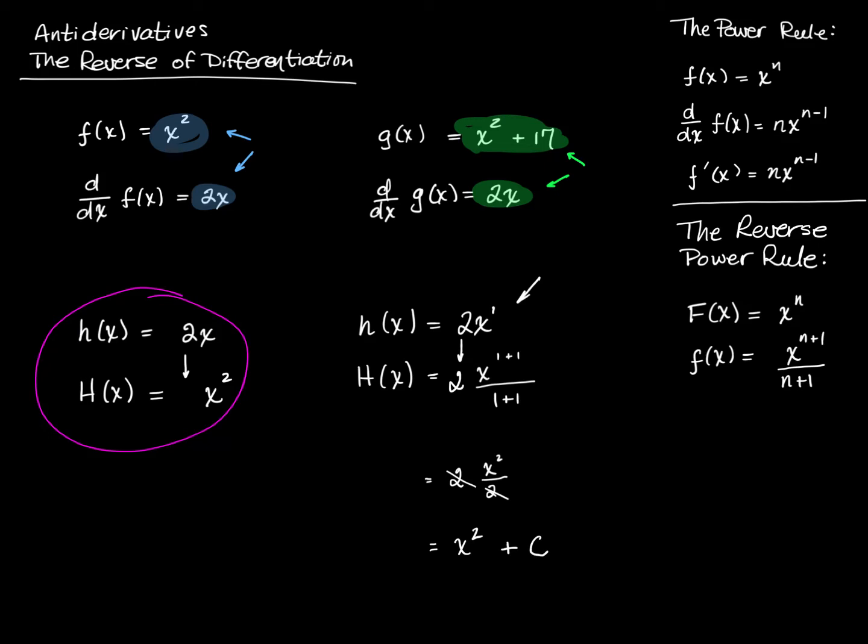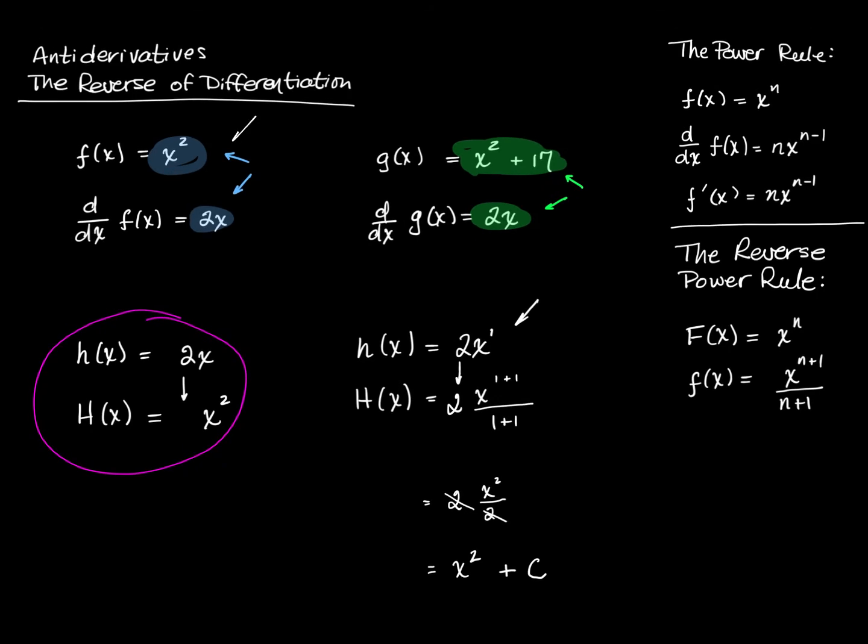The constant could be 0.7, or as previously discussed, 17, or even 0. When you take the derivative of x squared plus a constant, you get 2x plus 0. So the antiderivative of 2x is x squared plus a constant, any constant.